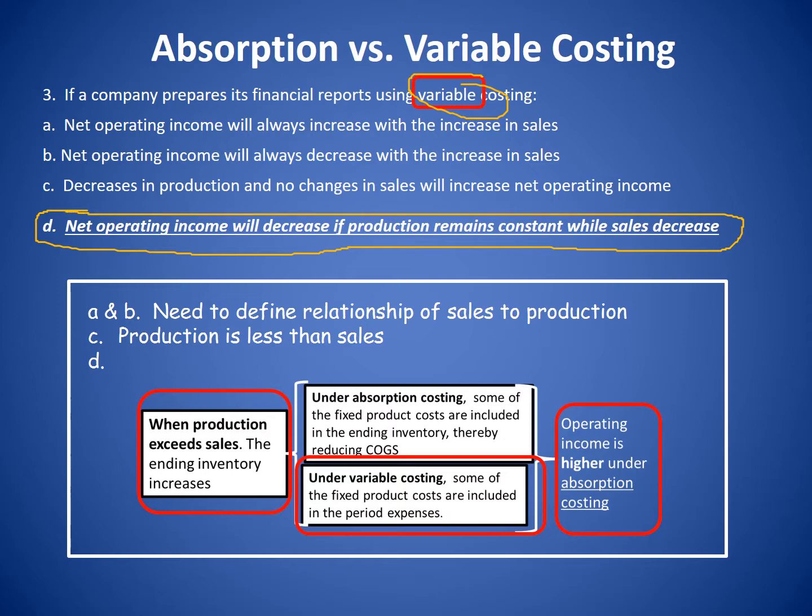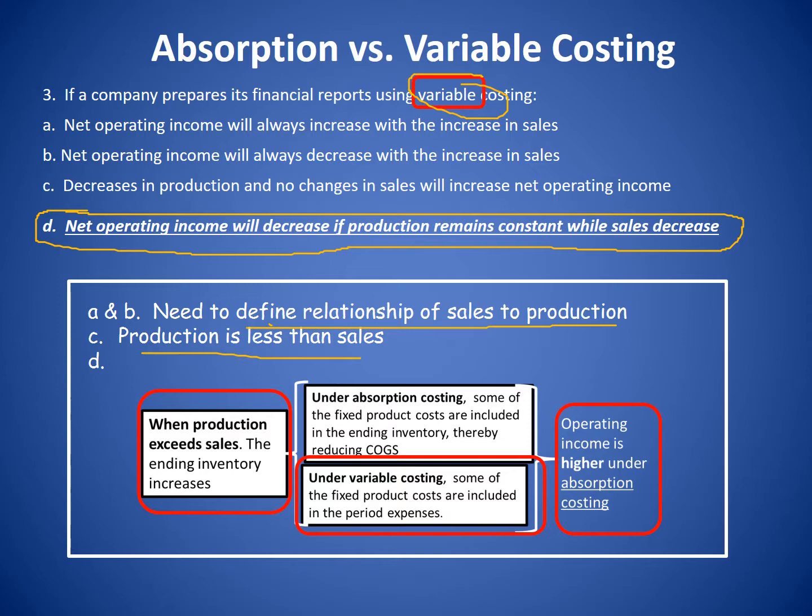If you take a look at A and B, we really don't have a definition of the relationship of sales to production, so we really can't predict much with A or B. In the case of C, production is less than sales, so that wouldn't be the case here. We have to find out when production exceeds sales.